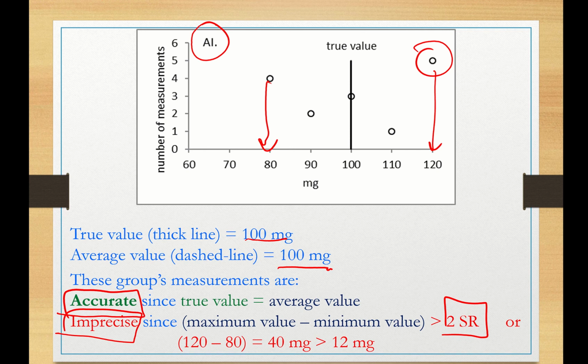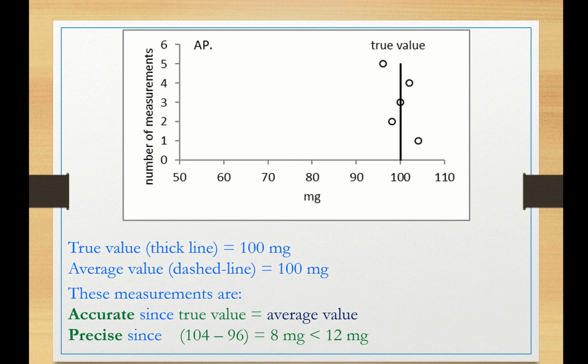So notice that here the collection of measurements is classified as accurate, but 4 out of these 5 measurements are unacceptable. If this was a drug dose, you would be overdosing the patient here and you would be underdosing the patient in the other 2. Only one of the measurements is acceptable actually.